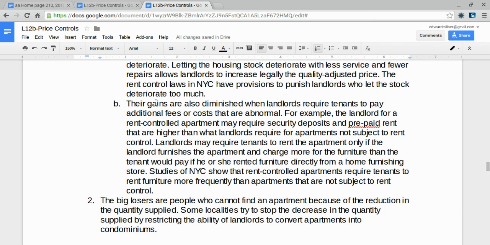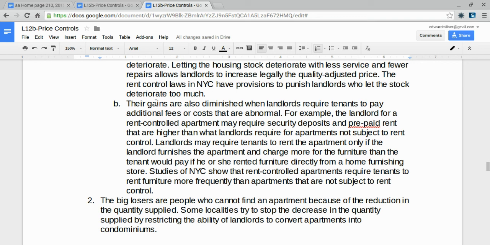Their gains are also diminished when landlords require tenants to pay additional fees or costs that are abnormal. For example, the landlord for a rent-controlled apartment may require security deposits and prepaid rent that are higher than what landlords require for apartments not subject to rent control.